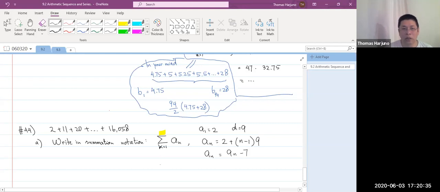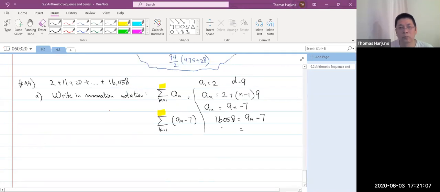So with this, I can update my summation notation. This will be 9n minus 7, but I still don't know how many terms there are. Let's do this then. I know the final answer. The last one is 16,058. 9n minus 7. So for n here, 16,065 equals 9n.